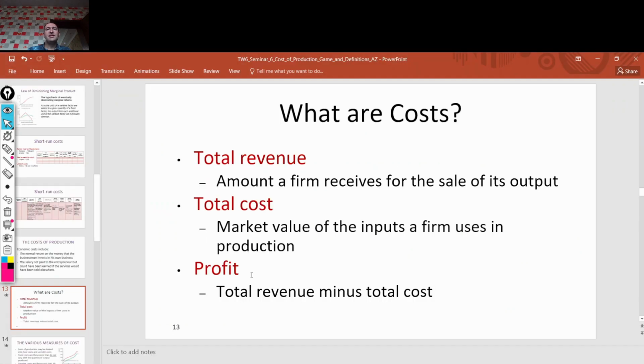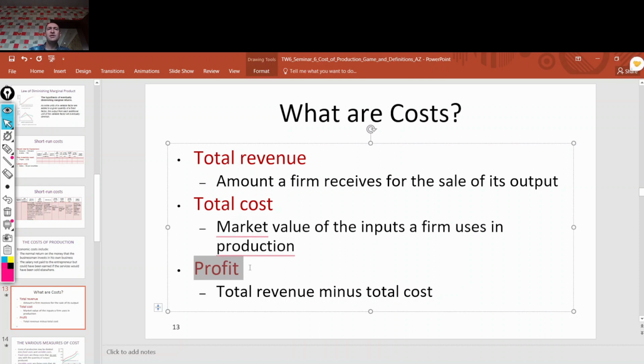We discussed that profit is the difference between total revenue and total costs, and the aim of a business is to maximize profit. All decisions have to be taken strategically with that aim in view.